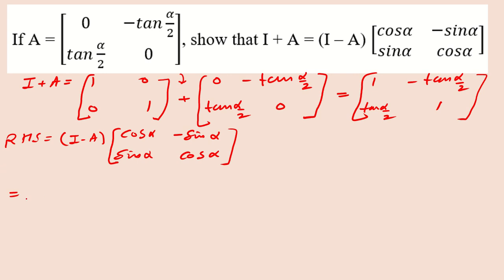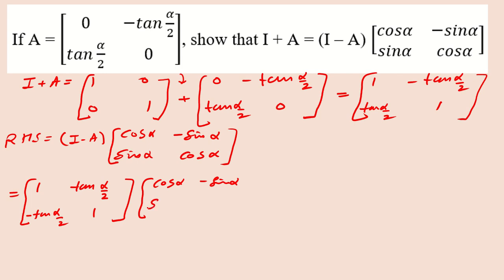So what will it be here? It is 1, plus tan alpha by 2, and then minus tan alpha by 2, and 1, times cos alpha, minus sin alpha, and then sin alpha and cos alpha.